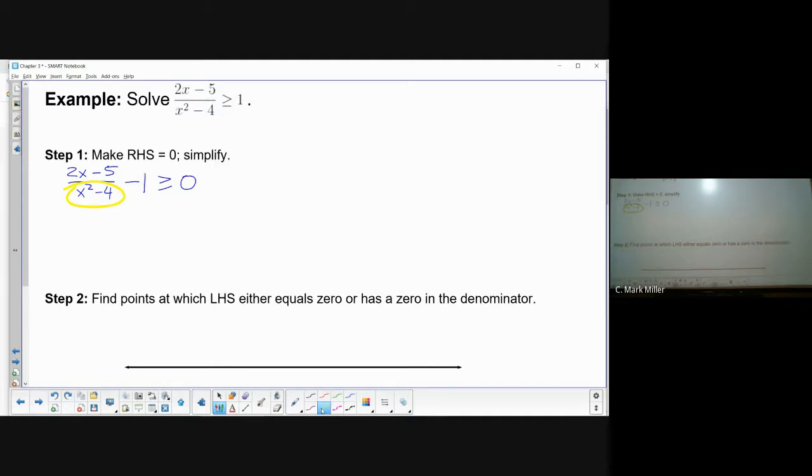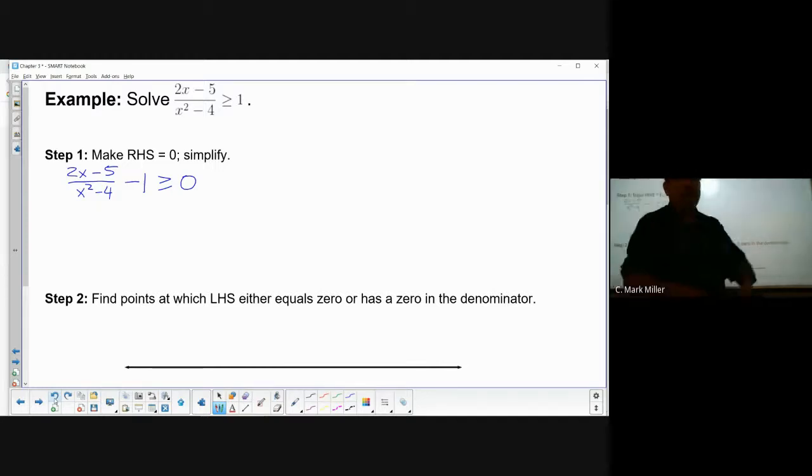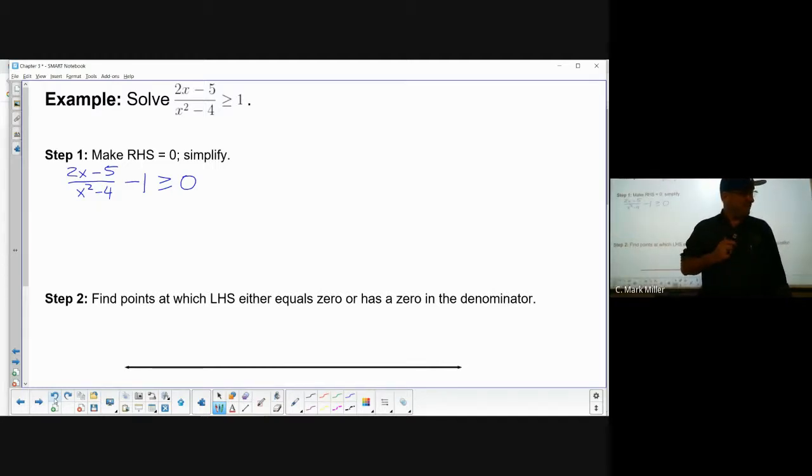The problem is you can't tell me where it equals 0. So we can't get to the points we need in step 2 unless we perform this subtraction. In other words, simplify. This is messed up a lot on exams. And the miraculous thing is that people turn in perfect homework on this and yet can't do it on an exam.